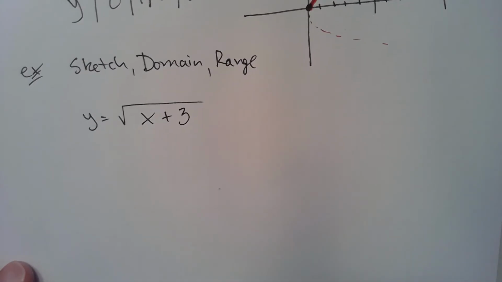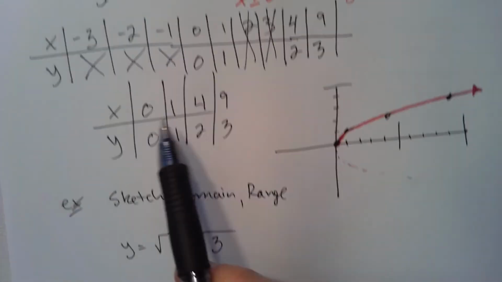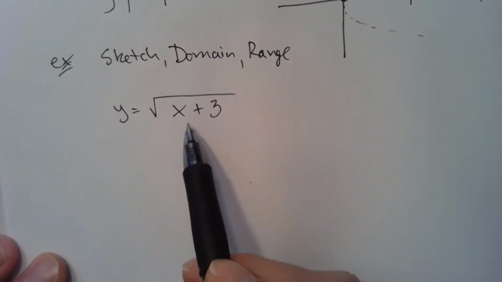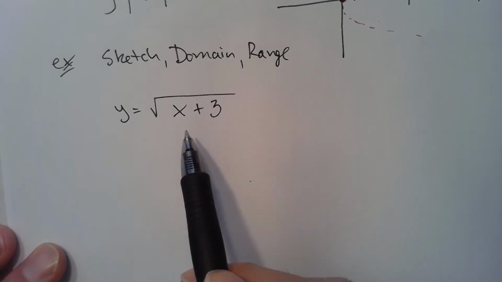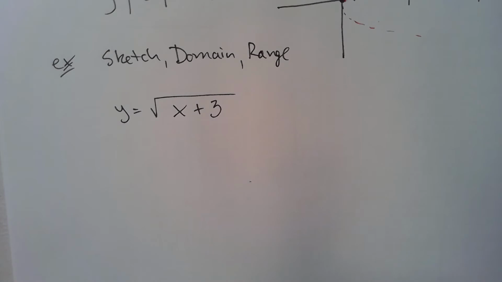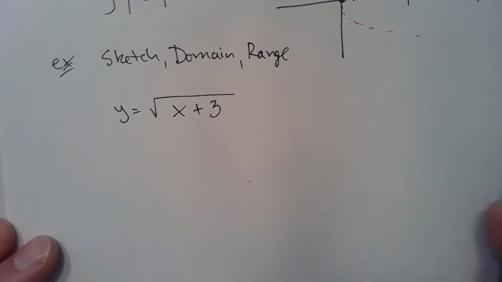Okay, so the first thing we always have to do in order to start our table, it's whatever makes the inside of it 0 is our first x value. Can somebody tell me what the first x value will be in here? Because it's what makes the inside 0. What are we going to start with?